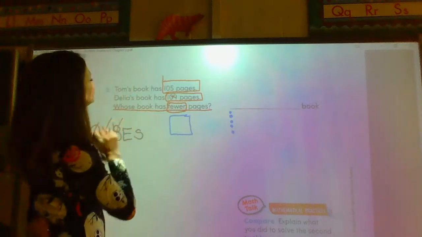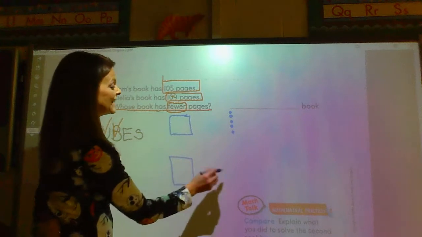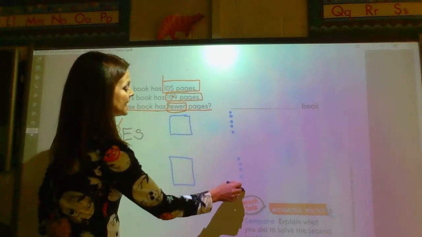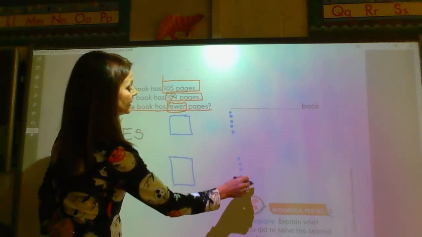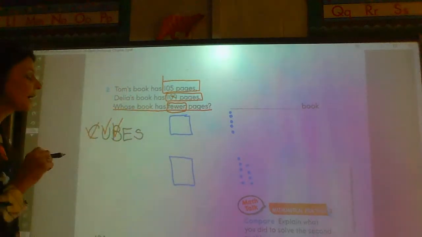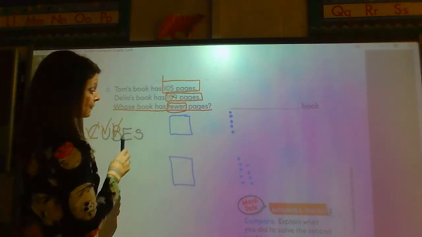Then I have Delia's book has 109 pages. 1, 2, 3, 4, 5, 6, 7, 8, 9. Whose book has fewer pages? Well, I need to figure that out by comparing.